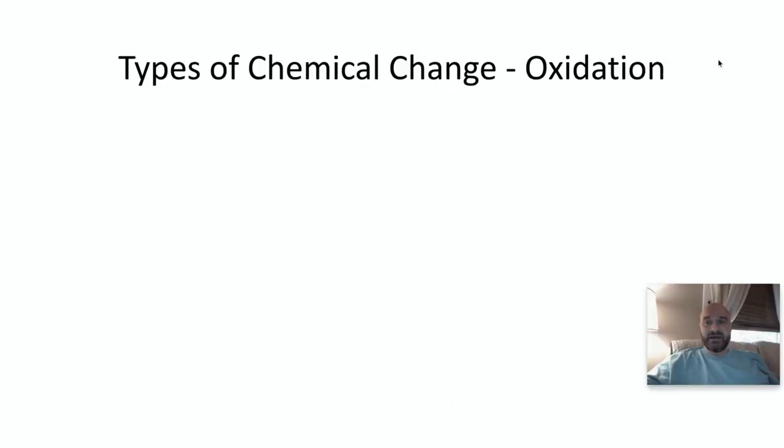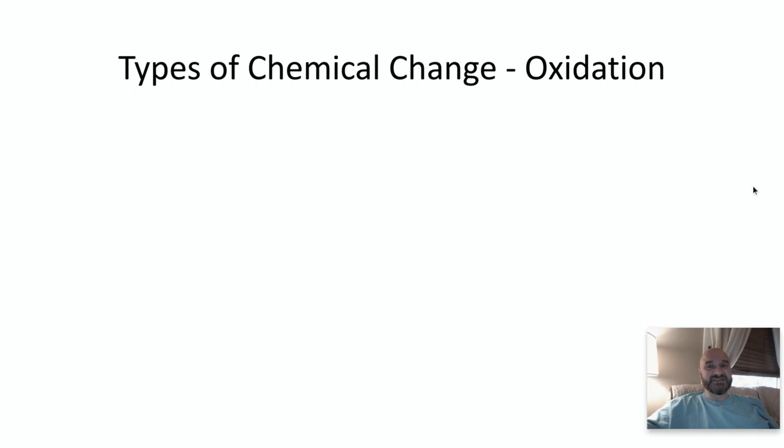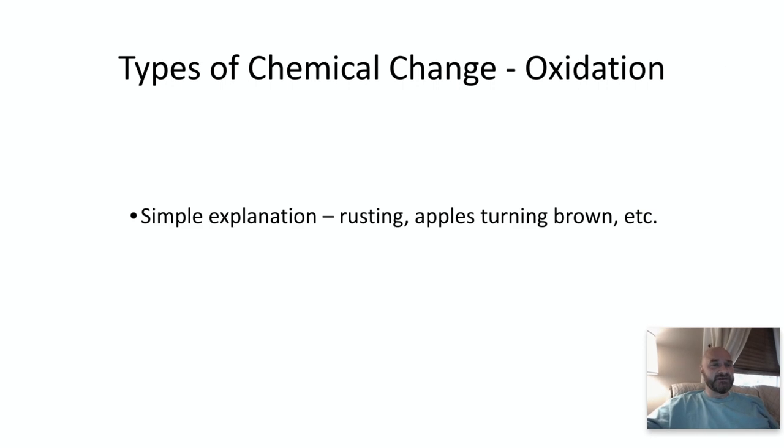The third kind that your book is going to talk about is oxidation. The simple explanation is that oxidation is when we see metal rust. Another example of oxidation is when apples start turning brown. When you cut an apple and you leave it out, it's exposed to the air. Oxygen atoms are finding a substance inside the apple and attaching themselves to it.